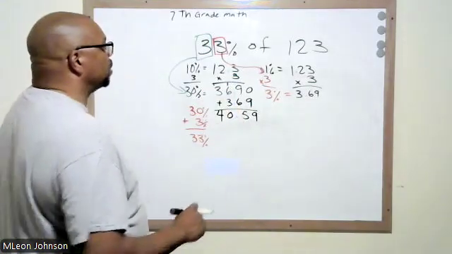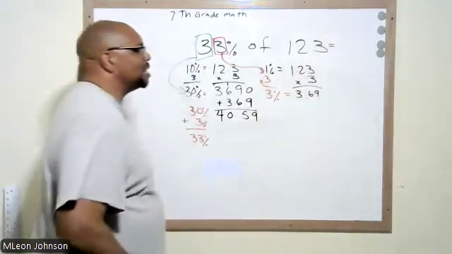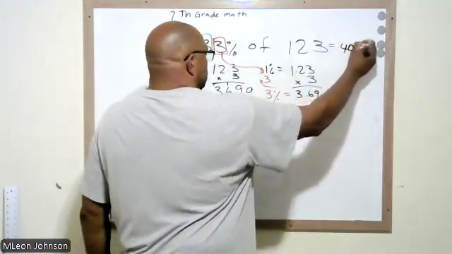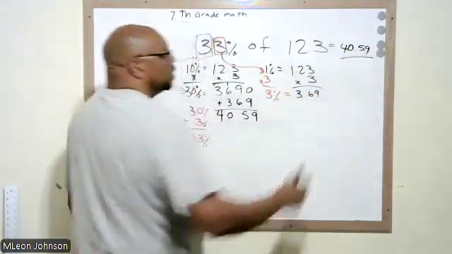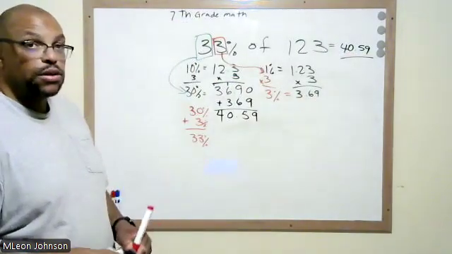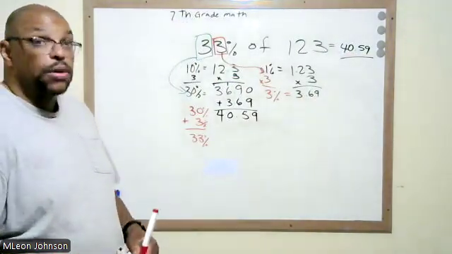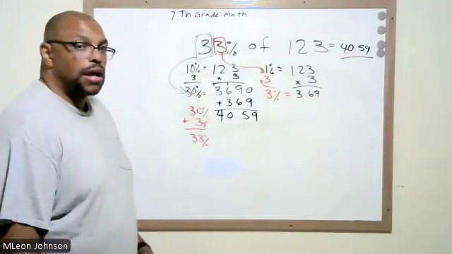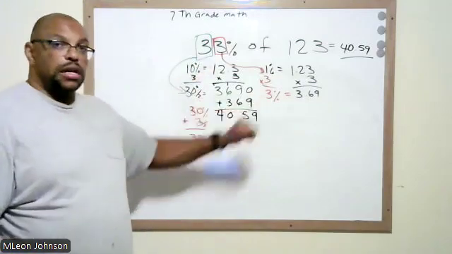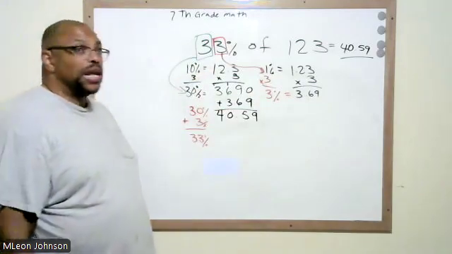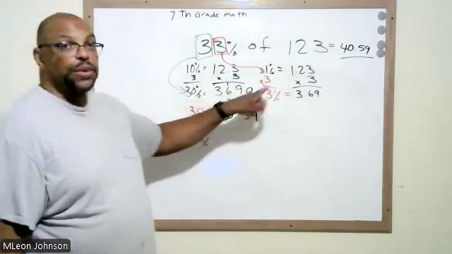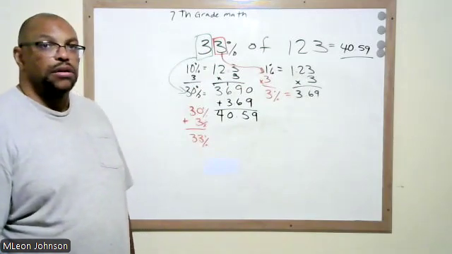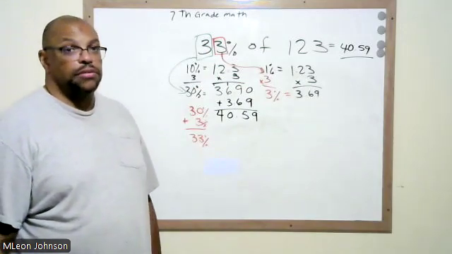So the answer to 33% of 123 is 40.5. Done. That's how you do it by hand. No calculator, by hand. So, yes, it is long. It is drawn out. The point is, you know how to do it, and you know how to get the answers without the calculator, to give you a chance to use your own brain.